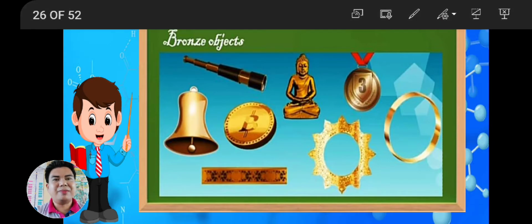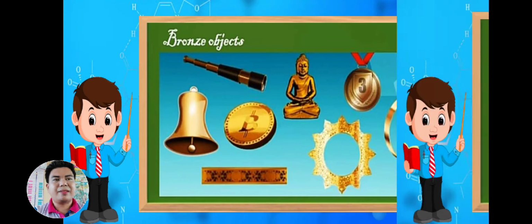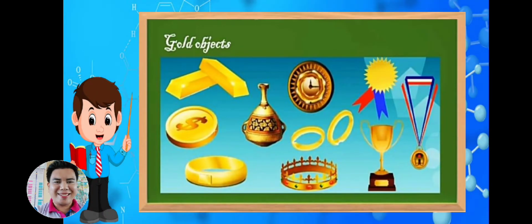Let's have now the most precious among the group of conductors and one of the most expensive conductors, the group of gold objects. Let's identify one by one, the gold bars. Gold bars are very expensive.